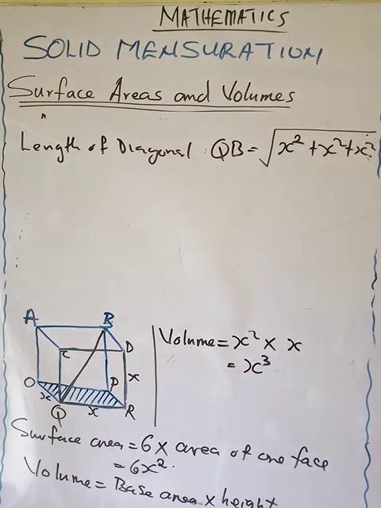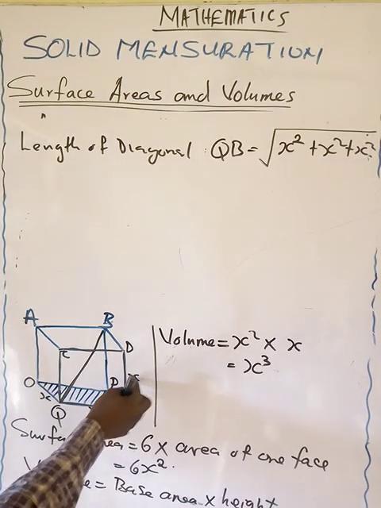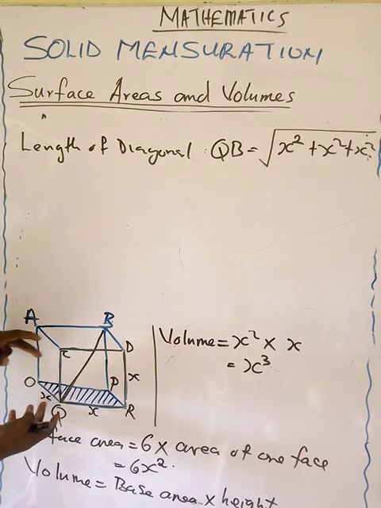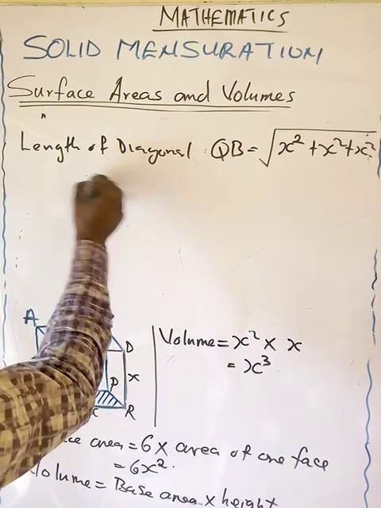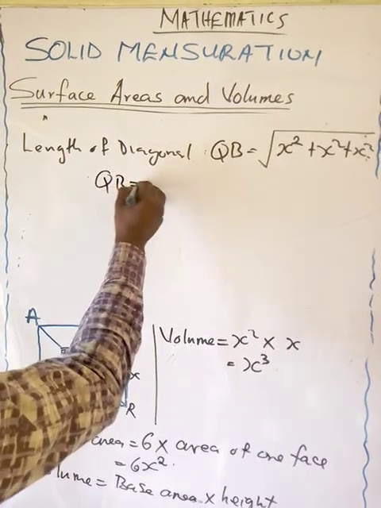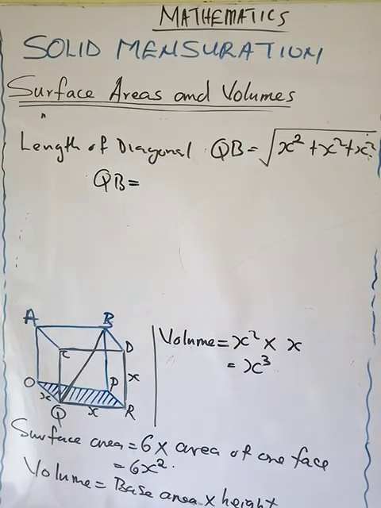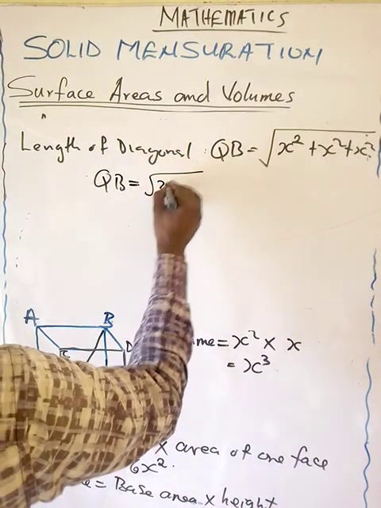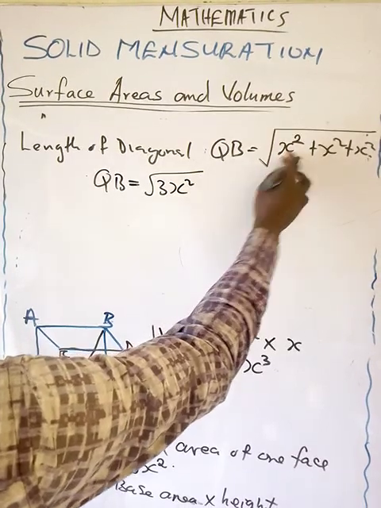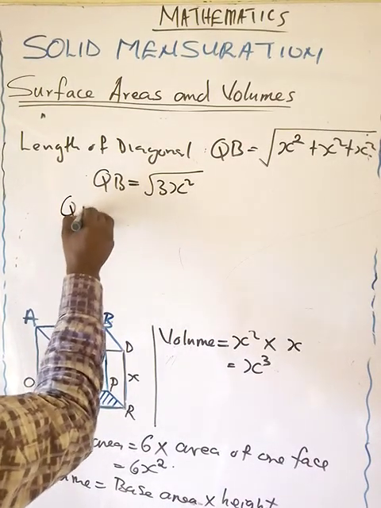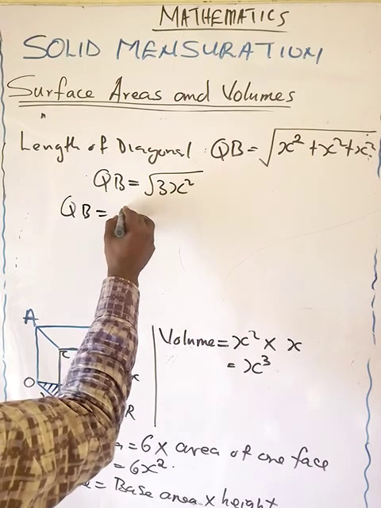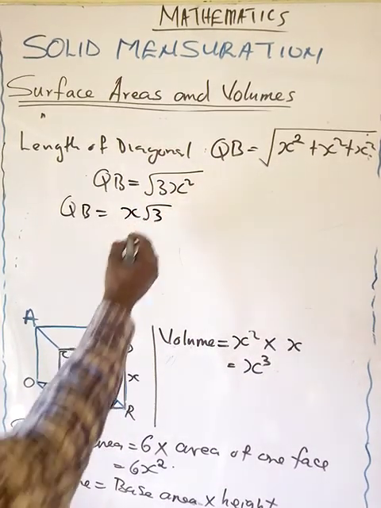So we are calculating for the whole diagonal, across the 3 faces. This side x times x, this side x times x, and this side x times x. So now our diagonal, which is our QB, will be equal to root 3x squared. X squared plus x squared plus x squared gives us 3x squared. So if this is 3x squared, then my QB can be x root 3.